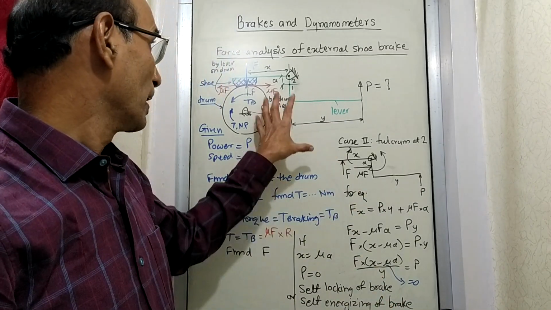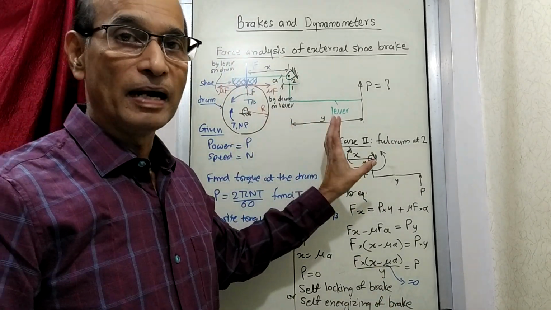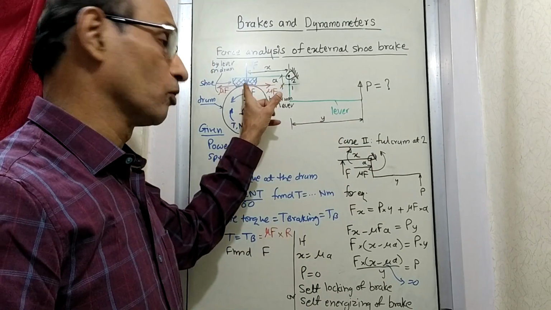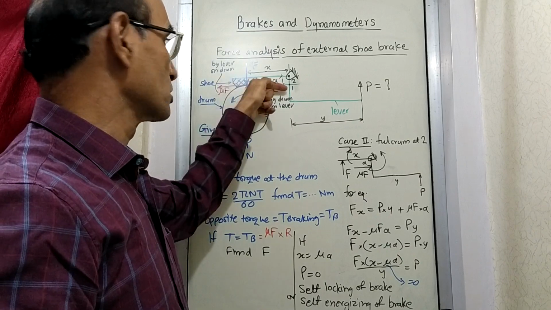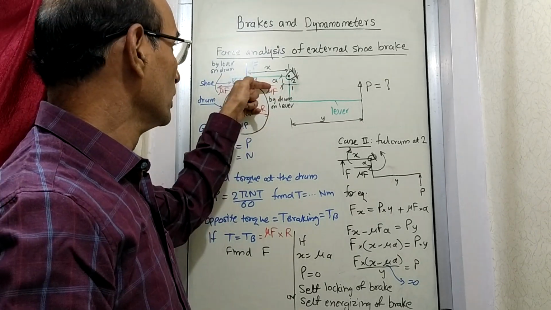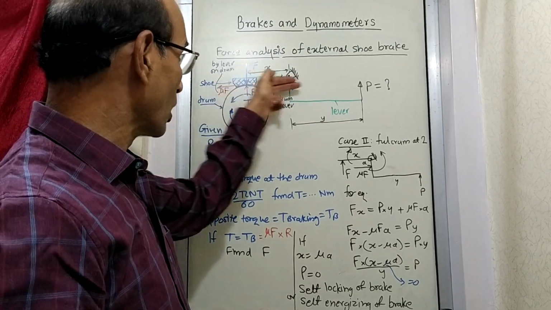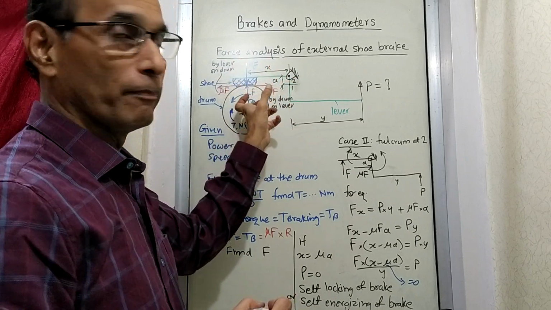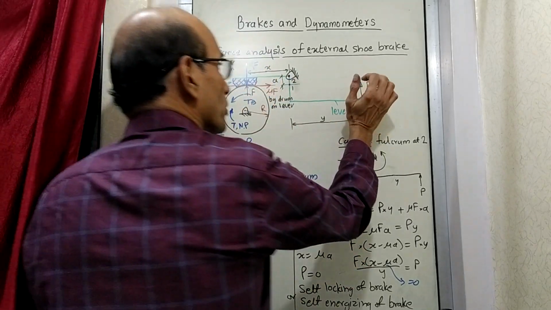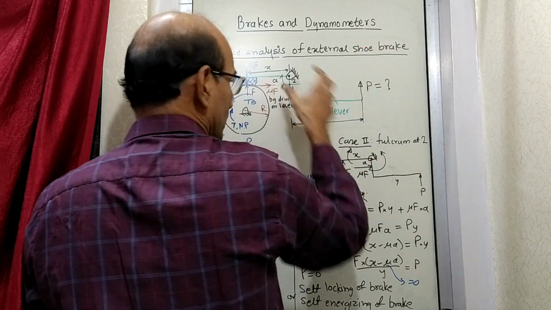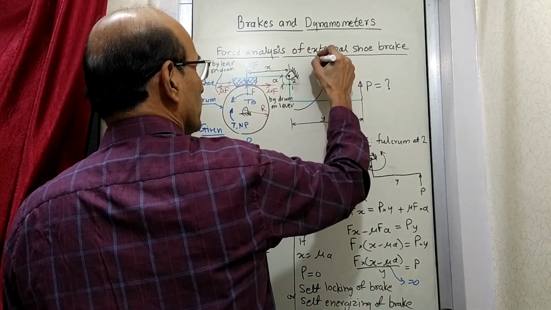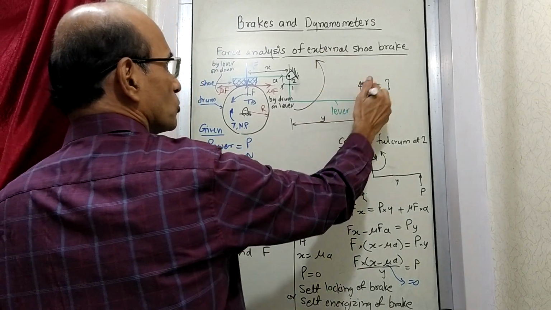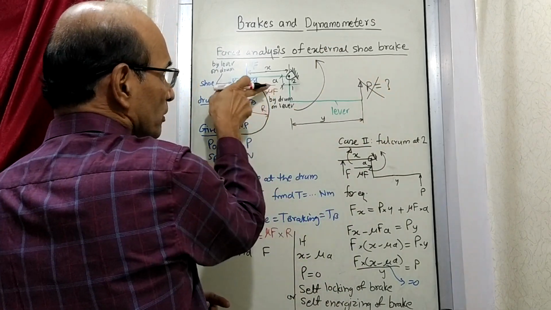That means the design is such that the moment the shoe comes in contact with the drum, the reaction force, the frictional force mu F, is such that the moment caused by mu F is sufficient to apply the brake. What we were doing by applying effort and trying to tilt the lever this way is not done by P, it is done by this mu F itself.